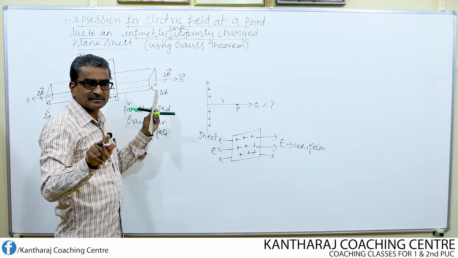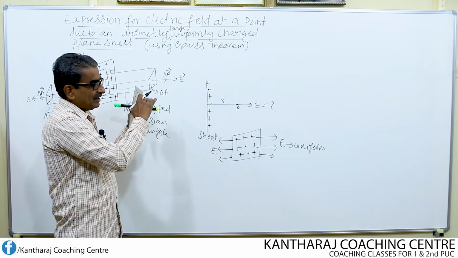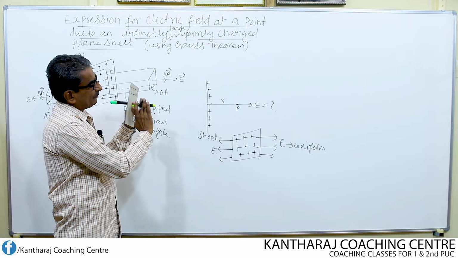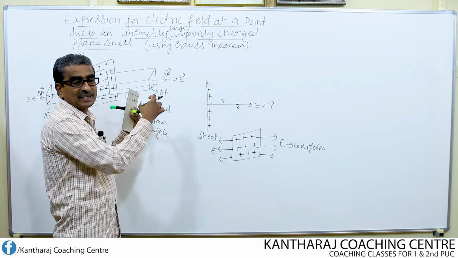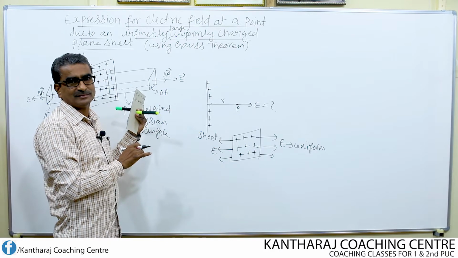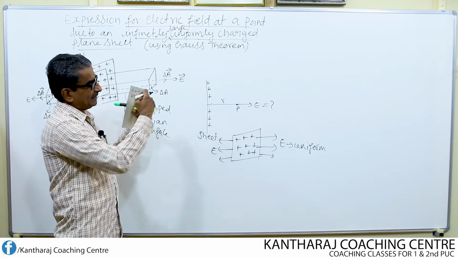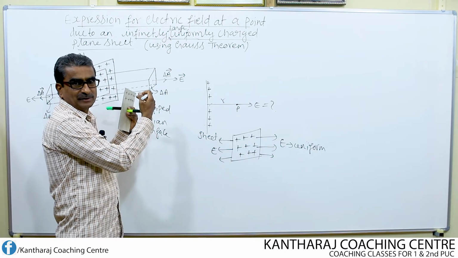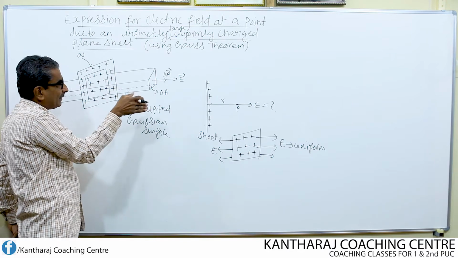That is one type. Remaining all, top, bottom, front, back, are parallel to each other and they are rectangular in shape. That's another type. So the end face area forms one type, and the remaining are rectangular shaped parallel surfaces: top, bottom, front, back.